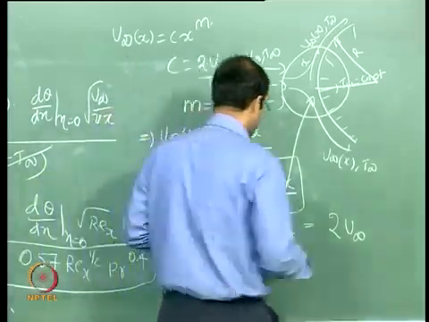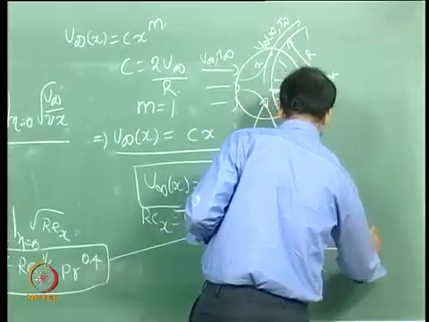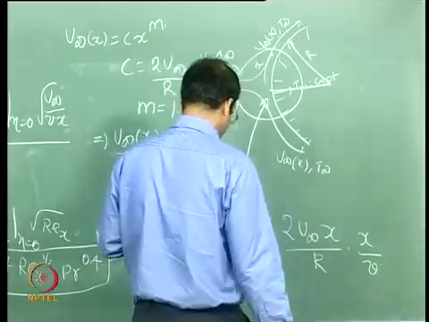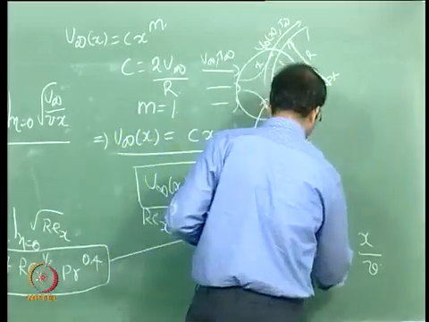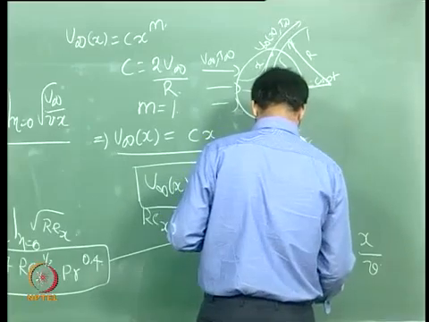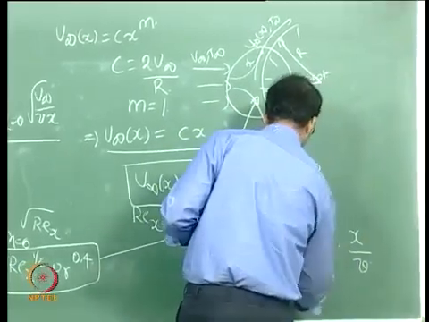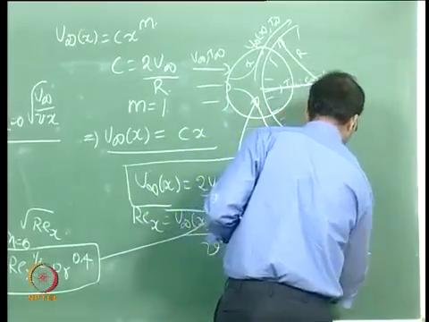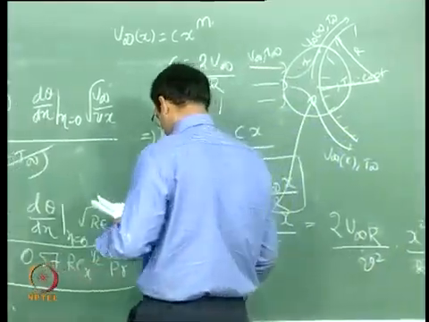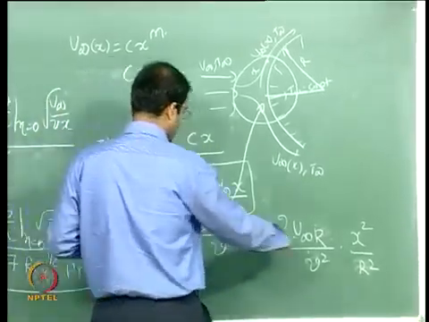If you do that, this will be x by r into x by nu. Now I can multiply and divide by r, so this is r and there will be an x square by r square. This is how my local Reynolds number is related.